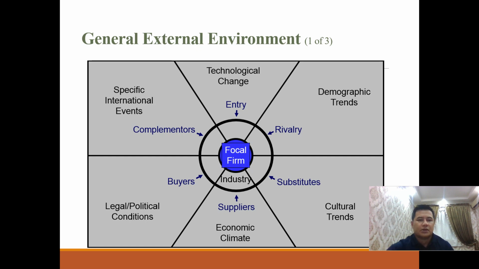The focal firm, you know about the focal firm, right? A focal firm means a central firm. The focal firm is surrounded by complementers, entry, rivalry, substitutes, suppliers, and buyers. The general environment includes specific international events, technological change, demographic trends, cultural trends, economic climate, and legal and political conditions.